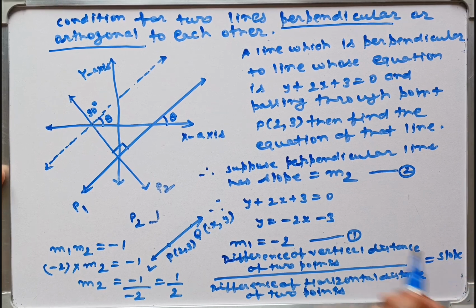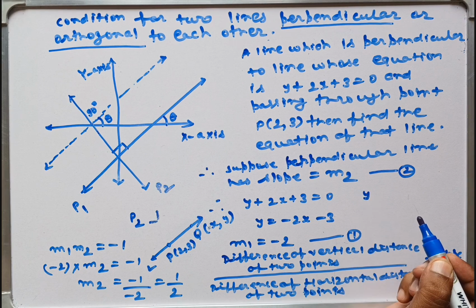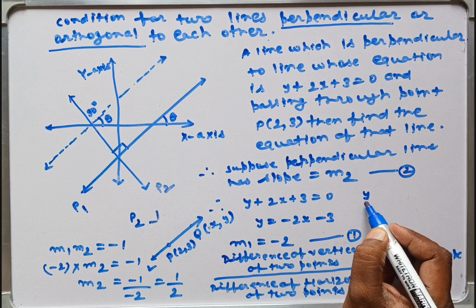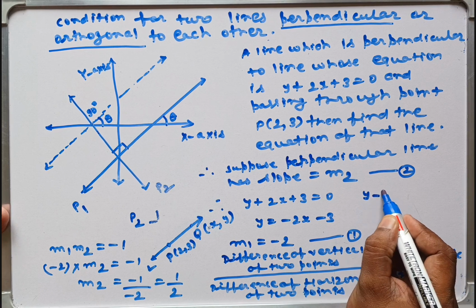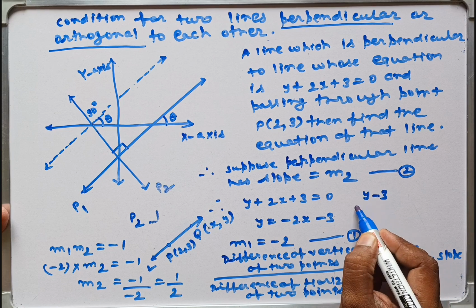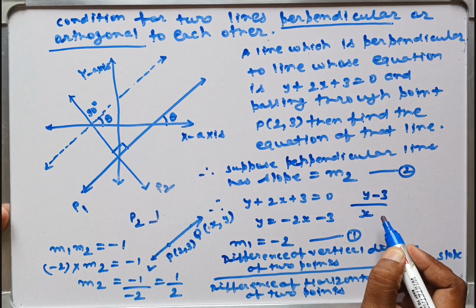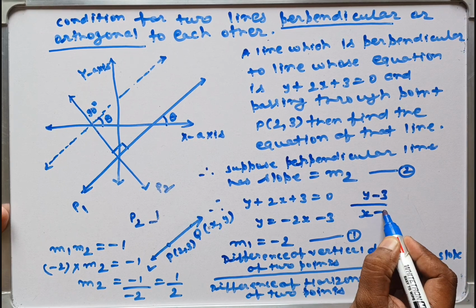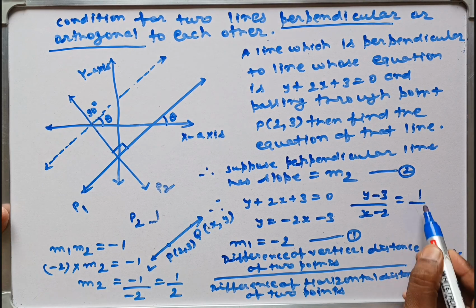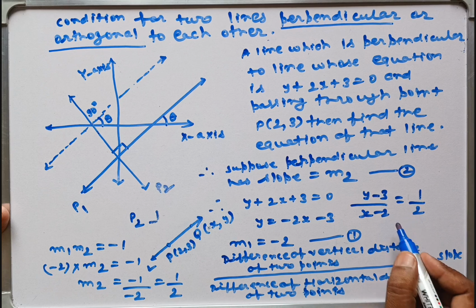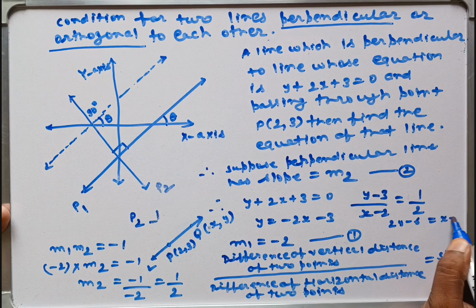Okay, so guys, if the vertical value of a point is y here and the second one is 3 here, so we take a difference, and then the horizontal difference of these 2 points, x minus 2, equals the slope. So the slope of the line is 1 by 2. Okay, so guys, we can write it as 2y minus 6 over x minus 2.